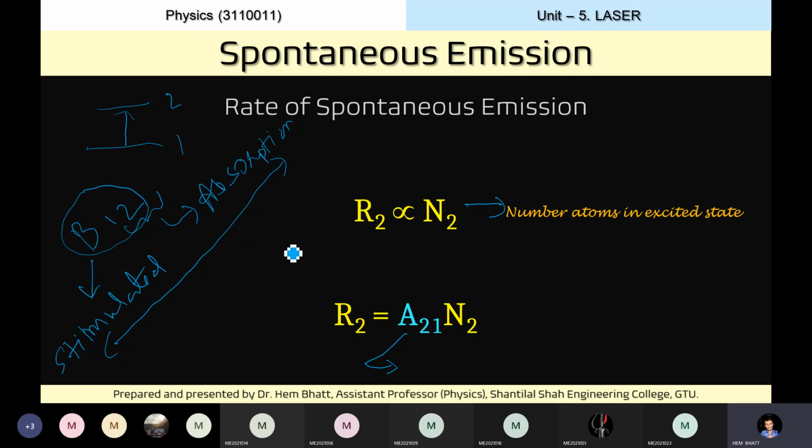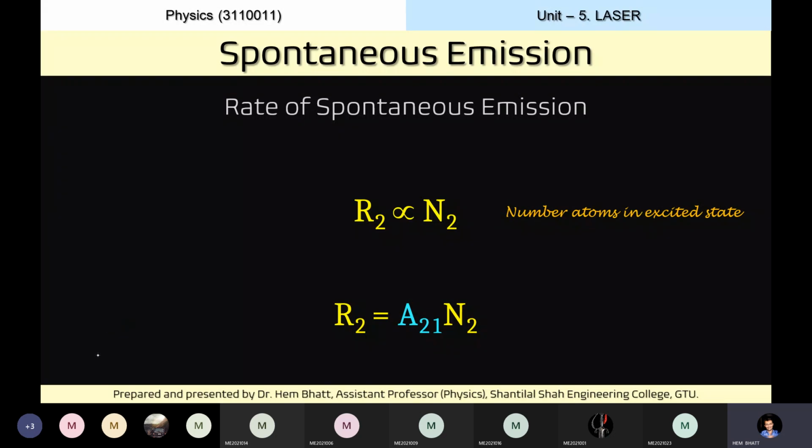When A comes, understand that it is a spontaneous process. A is for spontaneous; 2 to 1 is emission or absorption? Emission. So what should be the name of A21?